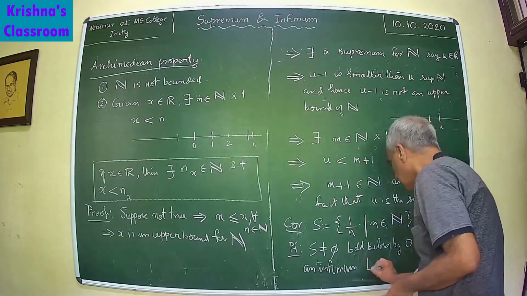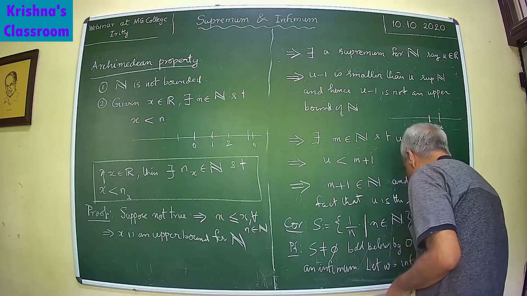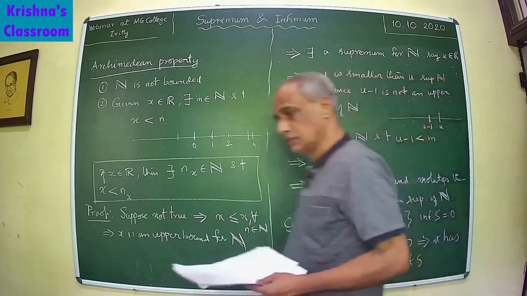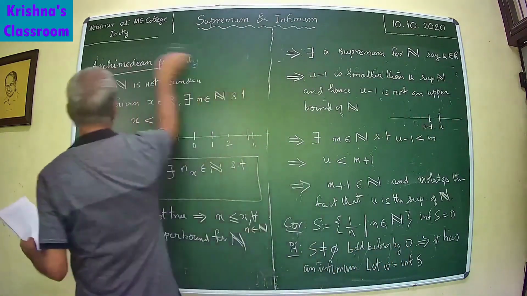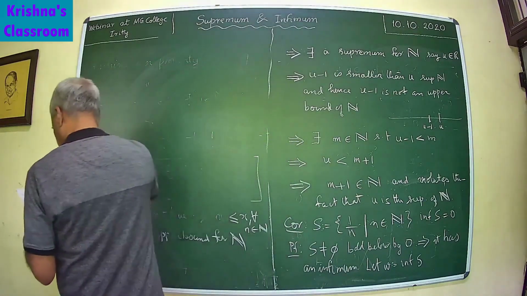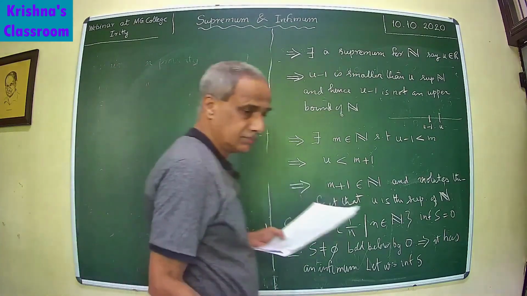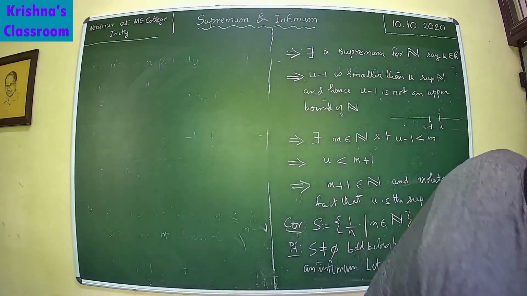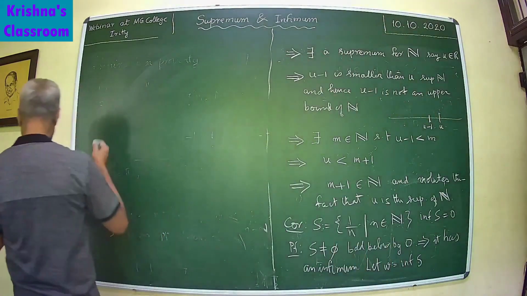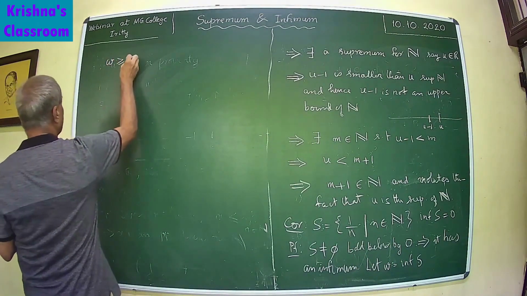Let w be the infimum. Clearly what you have is that w is greater than or equal to 0.